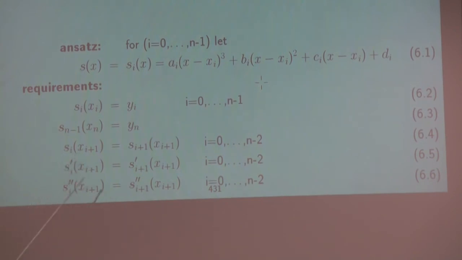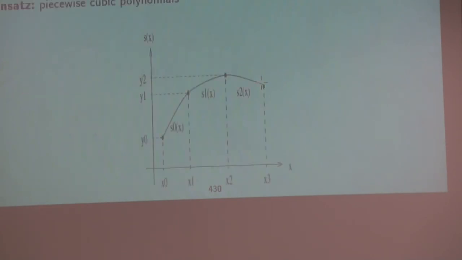And then these are the intersecting conditions between two subsplines. Look, here we have Si and here we have Si plus 1. So one spline and the next to the right. And this means Si of xi plus 1 is equal to Si plus 1 of xi plus 1. And let's look at the picture.